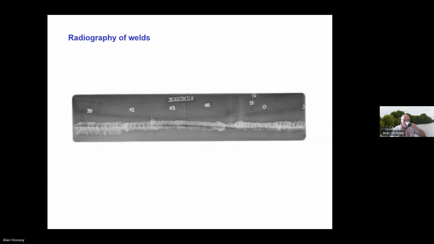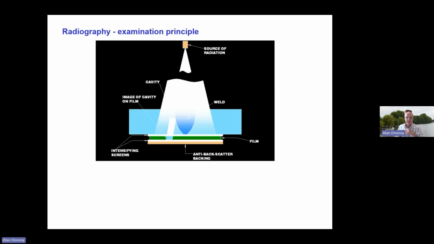Moving on. Talking about radiography. So there's a fairly typical looking radiograph, not a very good image. But the principle is, I don't know whether you're seeing that image superimposed over the top there. Anyway, it's gone. Okay, you've got a source of radiation.